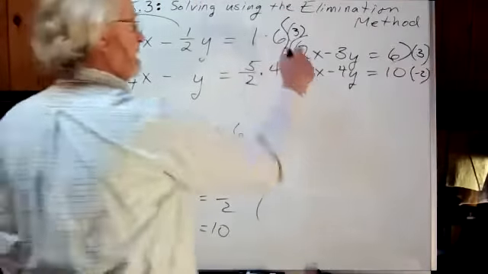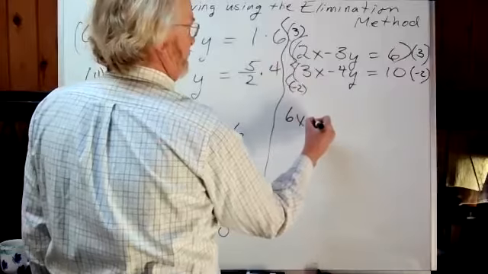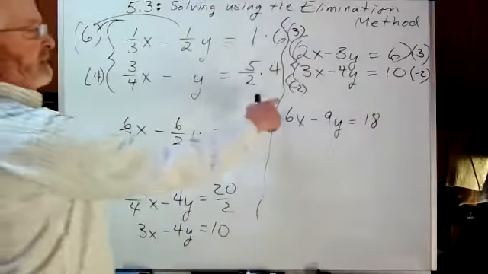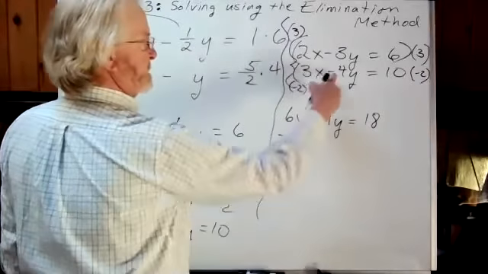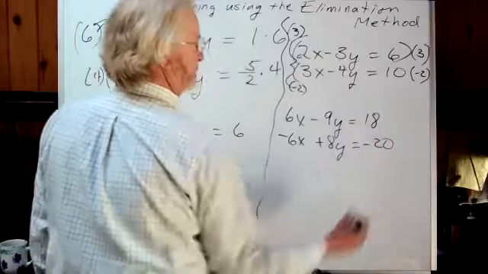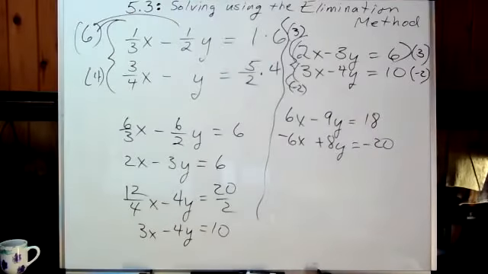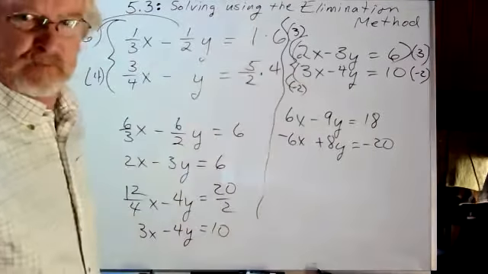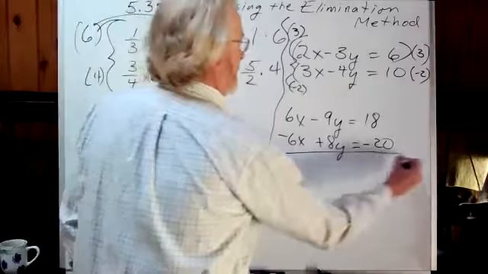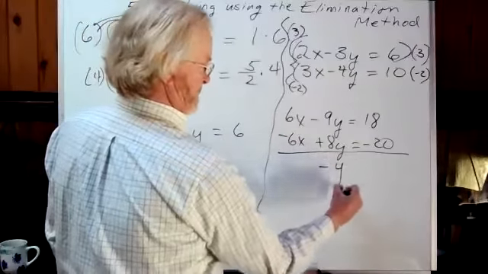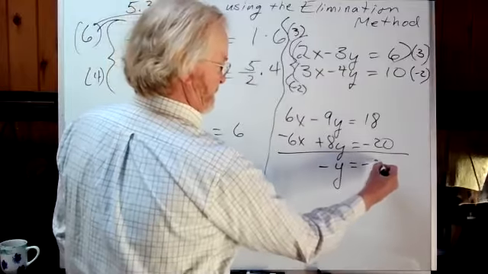So now 3 gets me 6x minus 9y is 18. And -2 gets me -6x plus 8y is -20. After getting rid of the fractions, this is exactly what we've been doing for a while now. Adding them together, x's cancel, -y is -2.